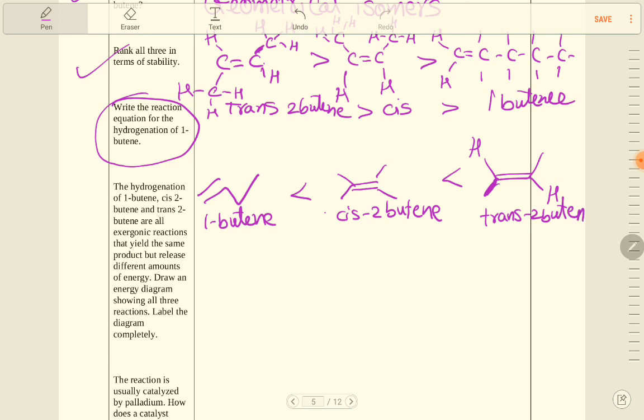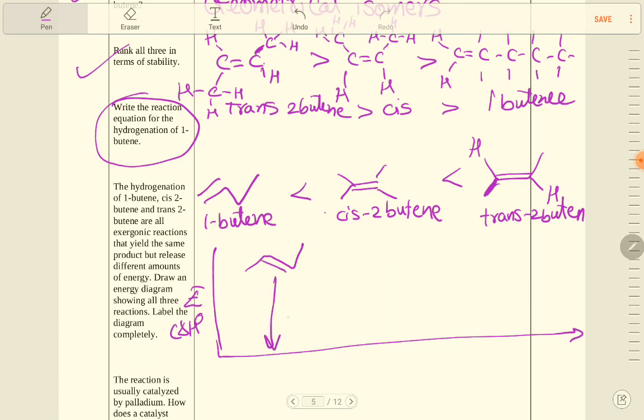Hydrogenation of 1-butene, cis-2-butene, and trans-2-butene are all exergonic reactions that yield the same product but release different amounts of energy. Draw the energy diagrams. So E, or delta H, is 0, and 1-butene produces around negative 27.6 kilocalories per mole.